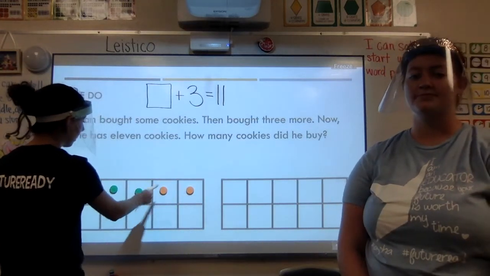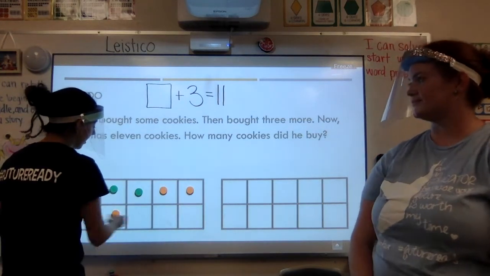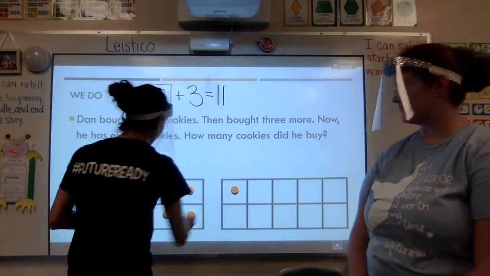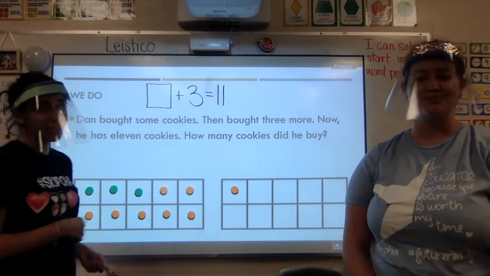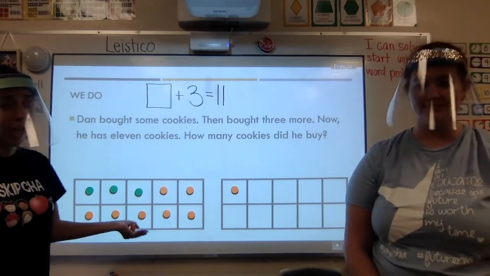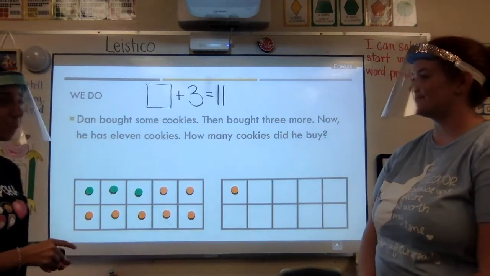I already have 3, so I'm going to go 4, 5, 6, 7, 8, 9, 10, 11. And I didn't start counting with my orange at 1. I had to remember he already had 3 cookies because he bought more. And my total number should be 11 at the end of my problem.